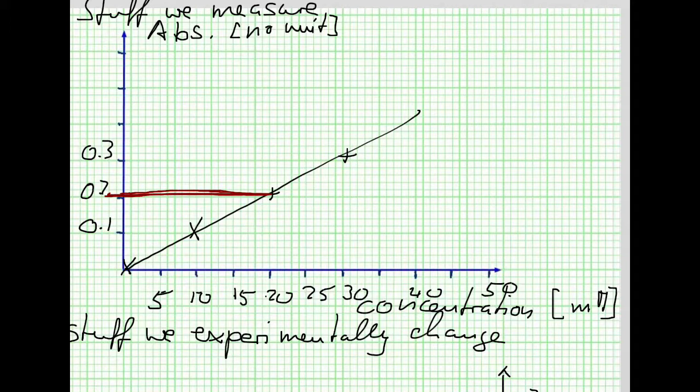And from there, I go down and measure the corresponding concentration, which in this case would be 20 millimolar. And that is the concentration of my unknown sample. Yeah? Pretty straightforward.